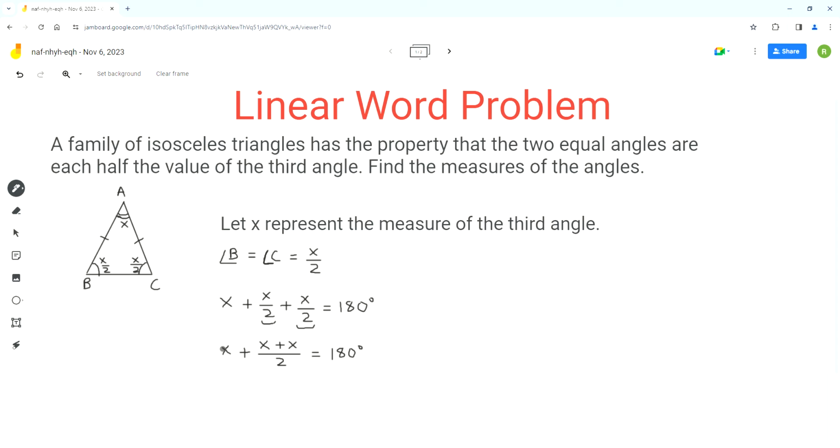Now in the next step, we can combine these two x's in the numerator. So x plus x is equal to 2x. So we get 2x over 2 equals 180 degrees. Now we can simplify this fraction. The 2's cancel each other out and we are left with x plus x equals 180 degrees.